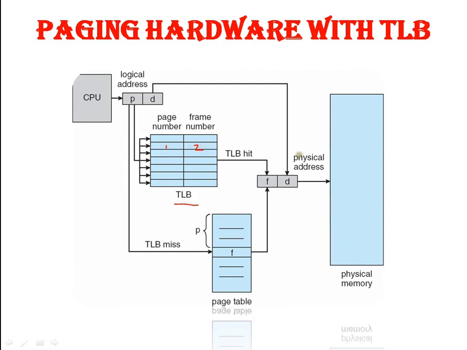Frame number 2 is given here, and your offset value comes directly here, and with the help of this offset value and frame number, you fetch the data in the physical memory. If the page number I am searching, page 1, is present inside this TLB, then it is called a TLB hit.